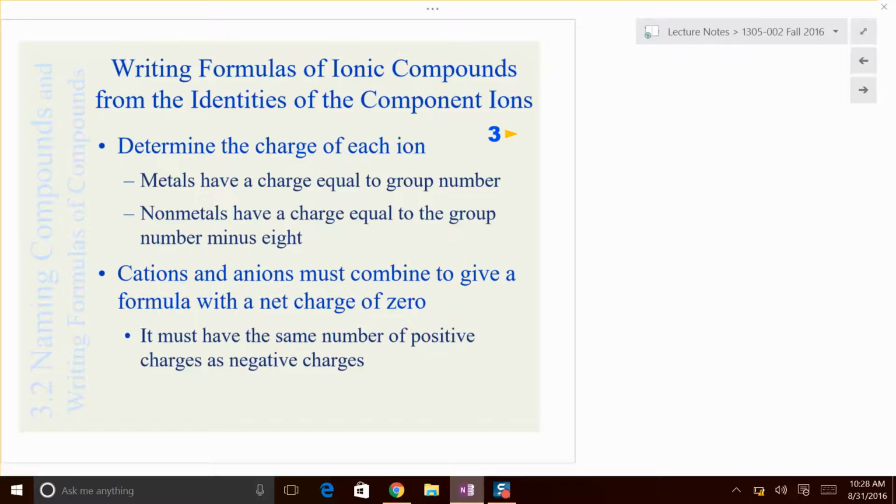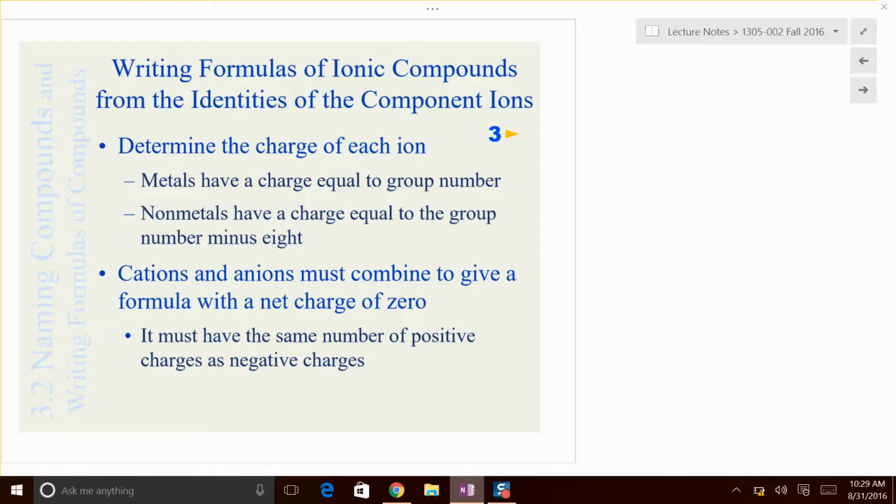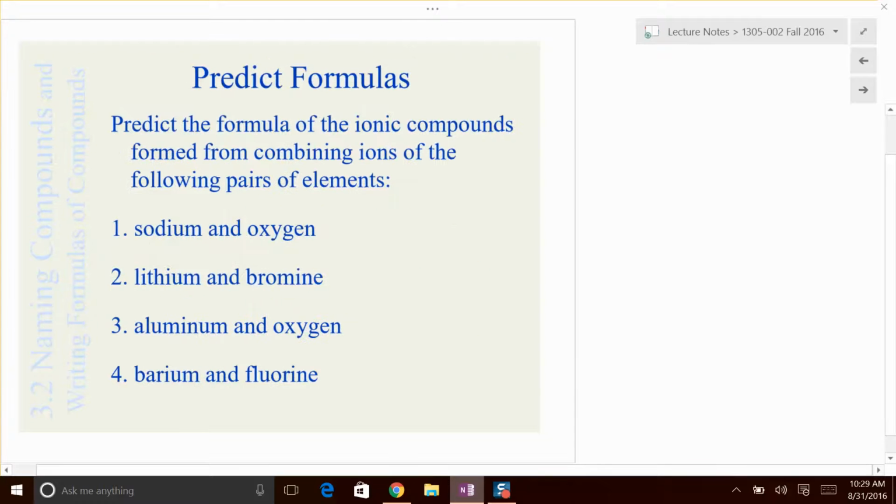Metals have a charge equal to the group number. Nonmetals have a charge equal to the group number minus 8. Look at your valence electrons, and that's going to help you identify the charge on your compound. They are going to combine to give formulas with a net zero charge. That's what they'll do.